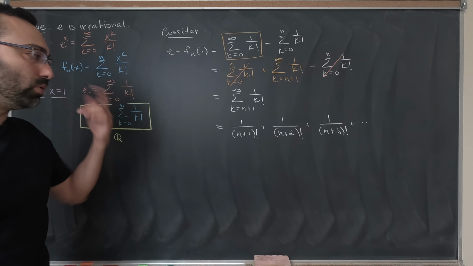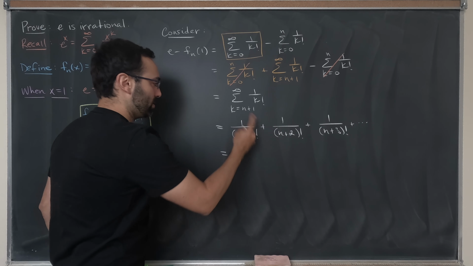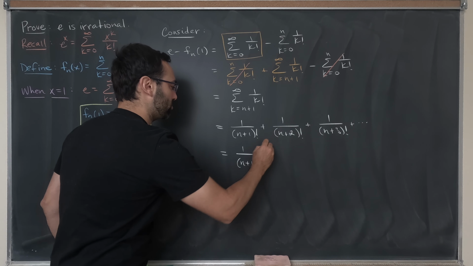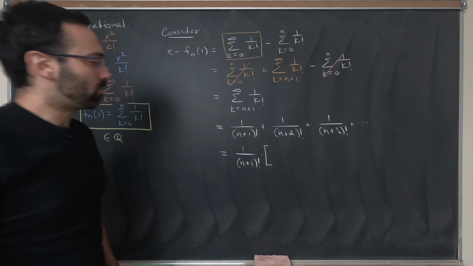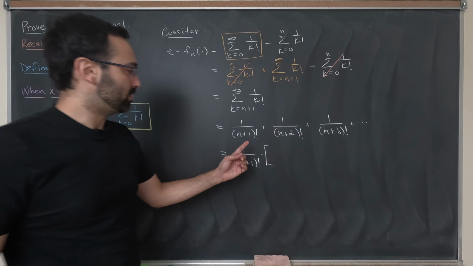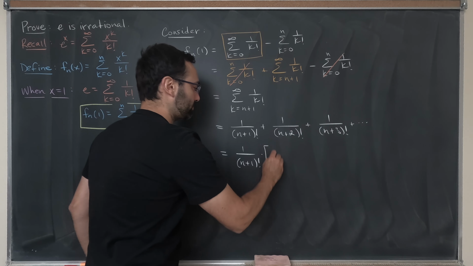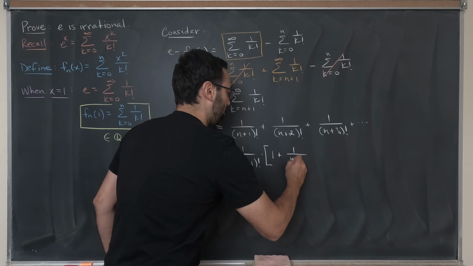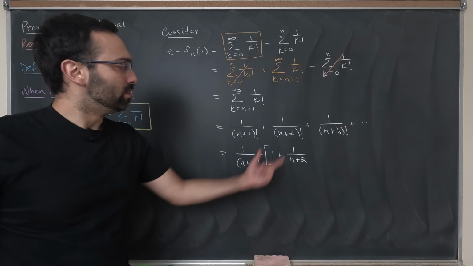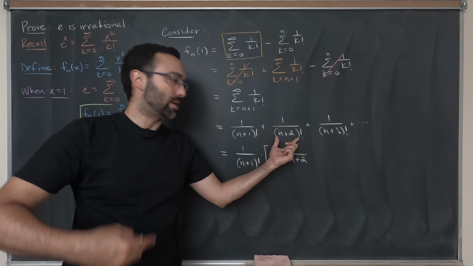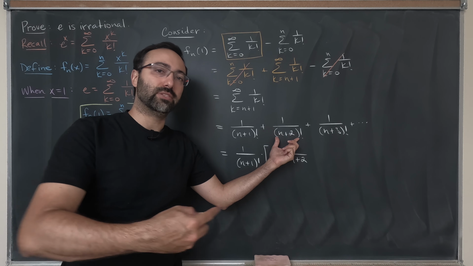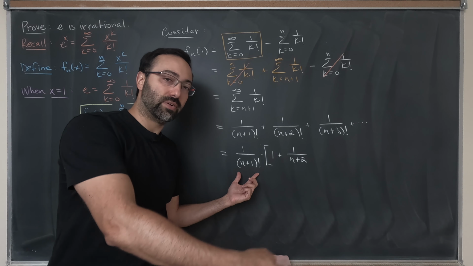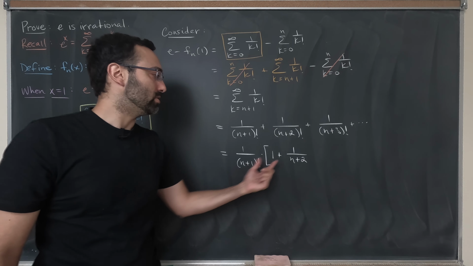The next move we'll pull is to factor out this quantity here, 1 over n plus 1 factorial. When we do that, what we're left with inside the brackets here is 1 plus 1 over n plus 2. Down here, this is n plus 2 times n plus 1 times n, etc. This is n plus 1 times n, etc. So the only surviving quantity is n plus 2.